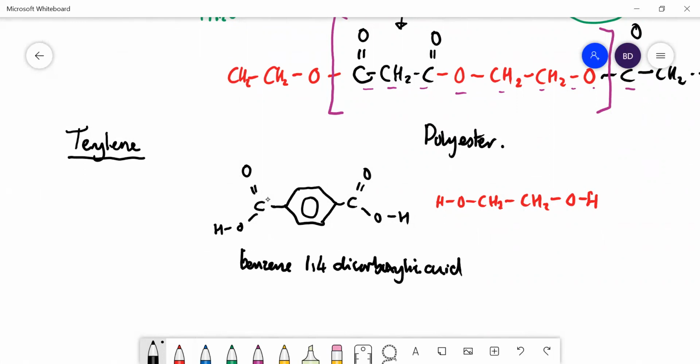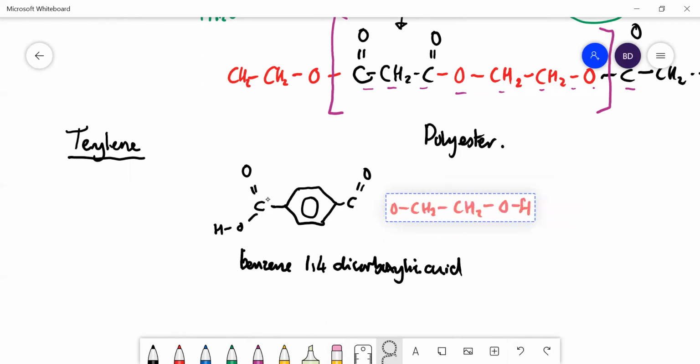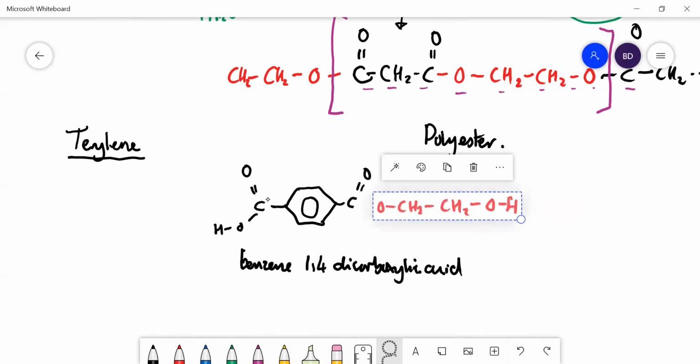Okay, so what's going to happen there is we're going to lose the water here. Going to lose water there, and we're going to lose water on the other side as well, and lose water there. Right, so let's just undo that and then draw the repeating unit. Right, I'm going to try and move this across now. Right, that's going to go there.